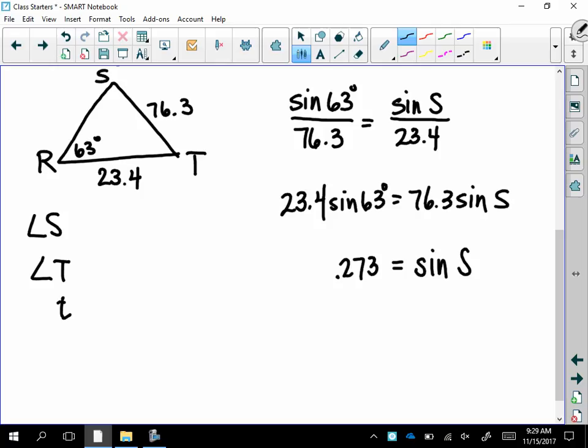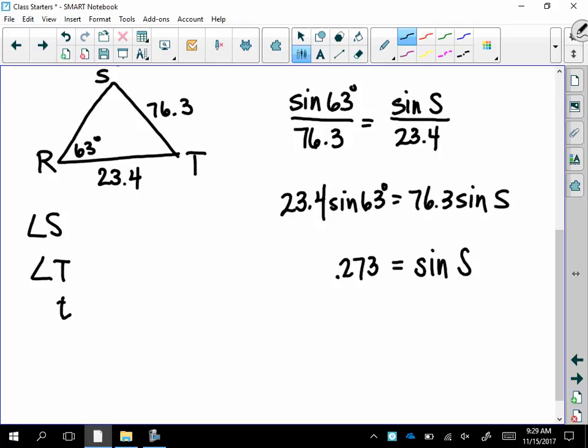Everybody good to this point? We've done problems like this before, so not surprising. But one thing you've really got to pay attention to is understanding what this is asking you to find. You're solving this equation using the inverse sine, but what you're really finding is the angle on the unit circle where the y-coordinate is positive 0.273.